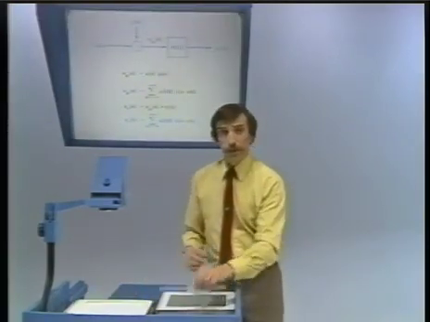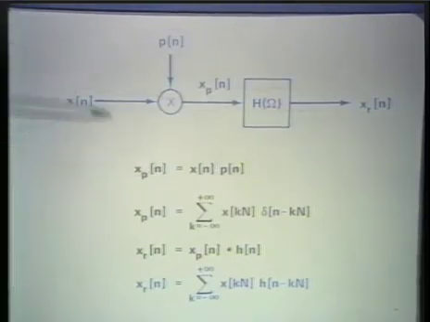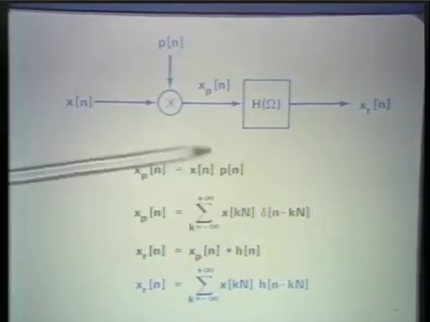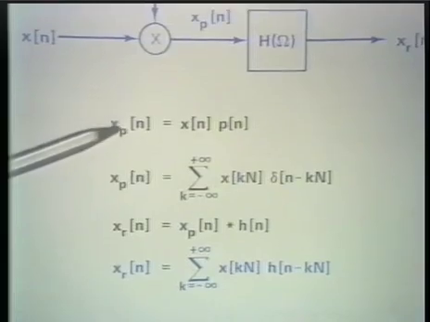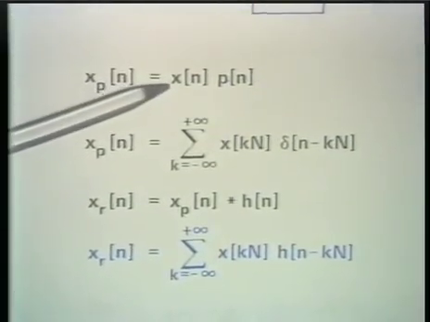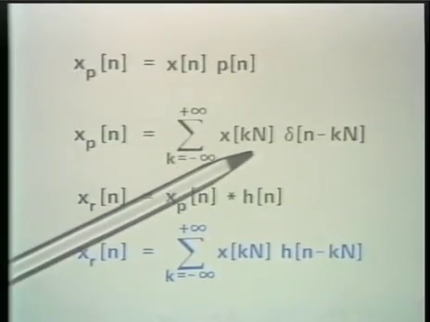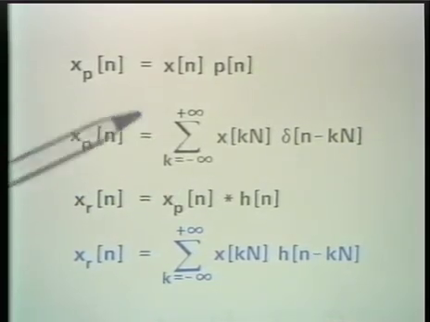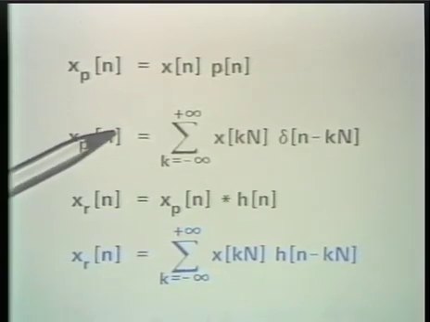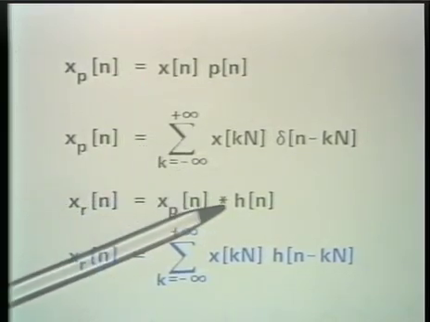And in the time domain, what we have is an analysis more or less identical to what we had in continuous time. We, of course, have the same system. And in the time domain, we are multiplying by an impulse train. Consequently, the sampled sequence is an impulse train whose values are samples of x of n at integer multiples of capital N. For the reconstruction, this is now processed through an ideal low-pass filter, and that implements a convolution in the time domain.